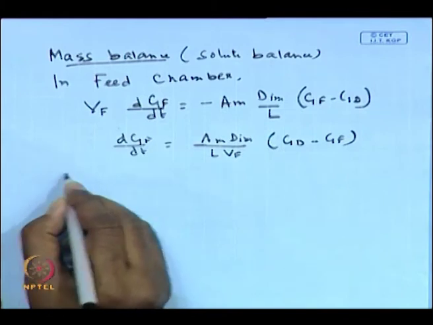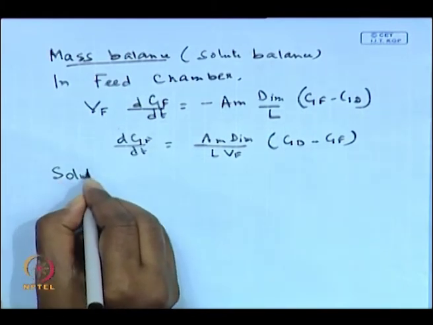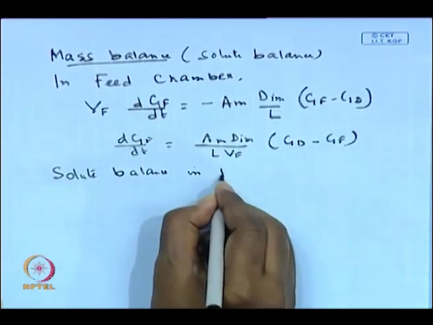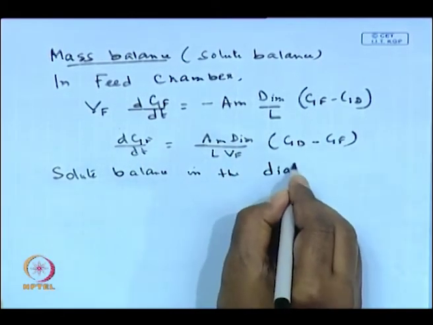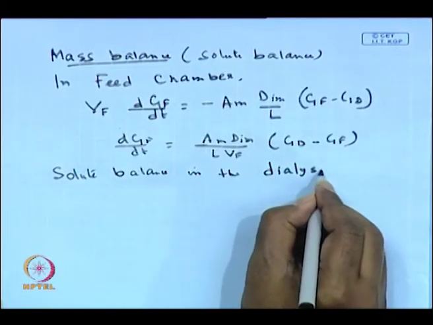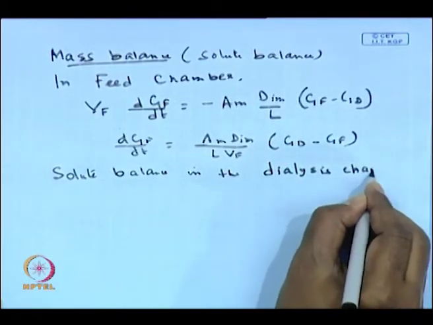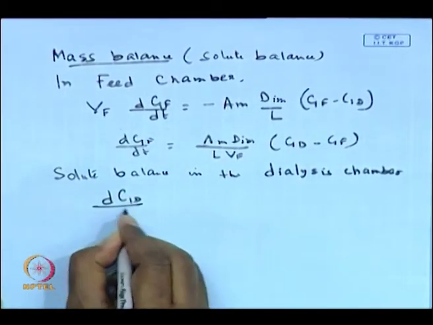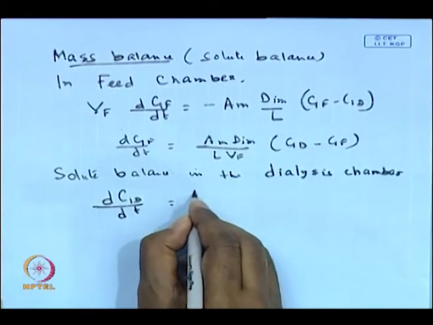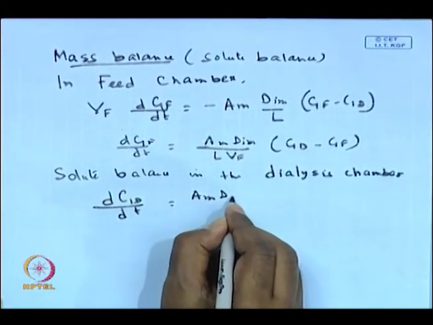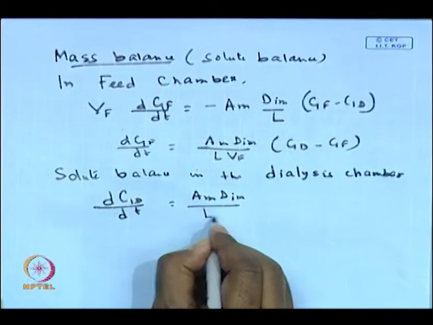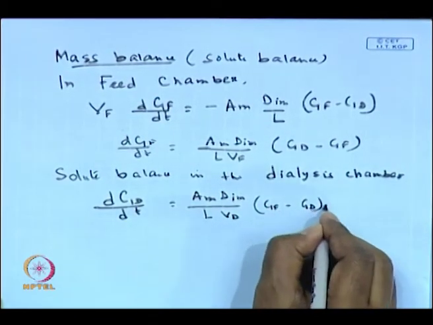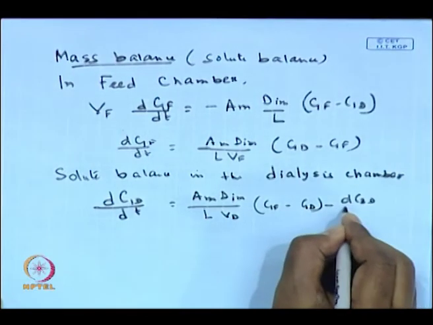And the aniline balance, or solute balance, in the dialysis chamber becomes dC1d/dt is equal to Am Dim/(L Vd) times (C1F minus C1d) minus dC3d/dt.